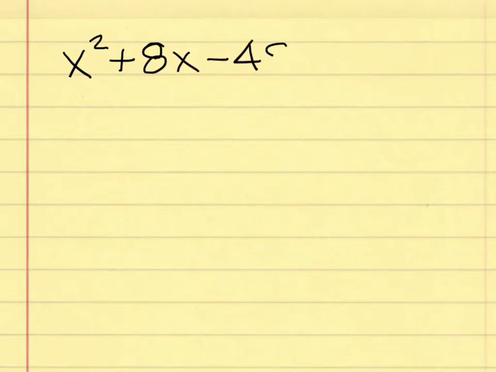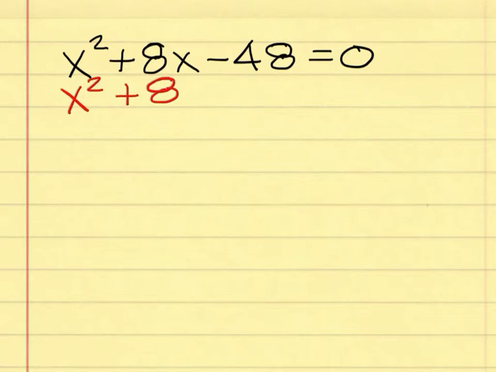The practice problem is x squared plus 8x minus 48 equals 0. Solve that by completing the square. On this practice problem, to solve by completing the square, you would do x squared plus 8x equals 48.